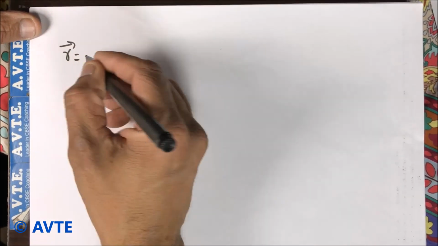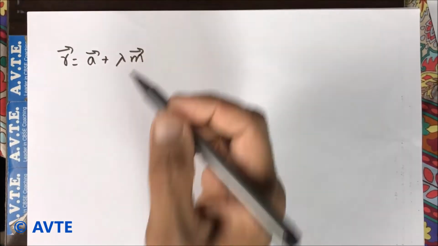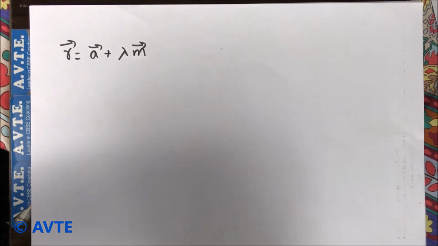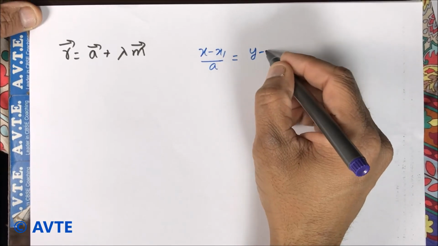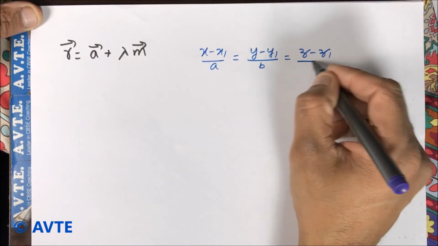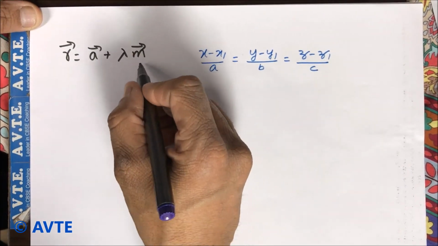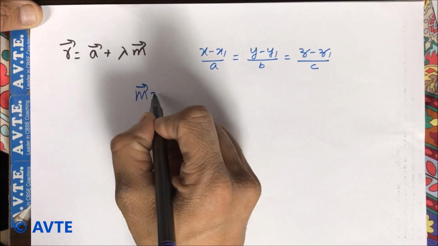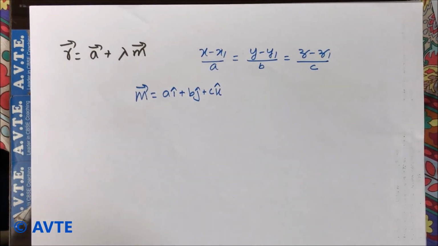Now, if I write vector equation as, and Cartesian equation as, then this m vector is actually, now try to relate.